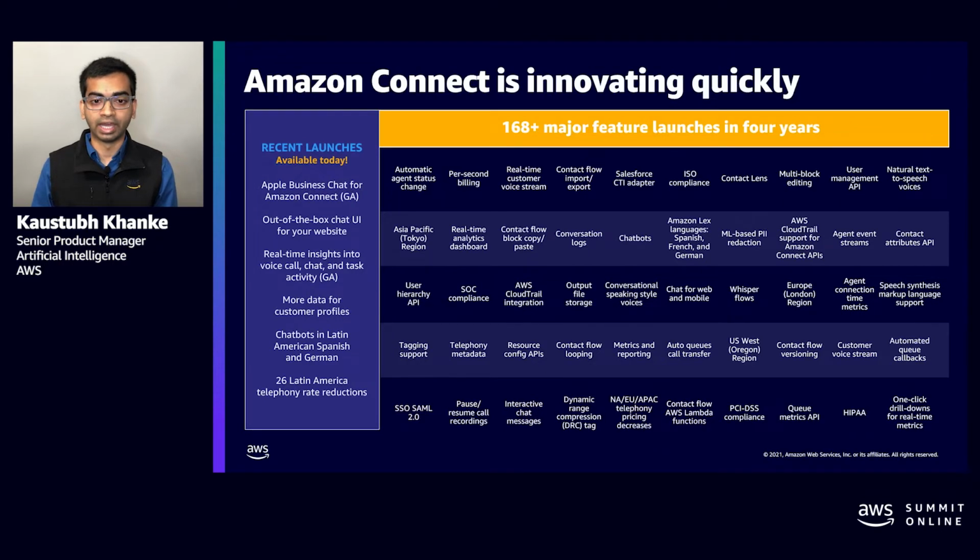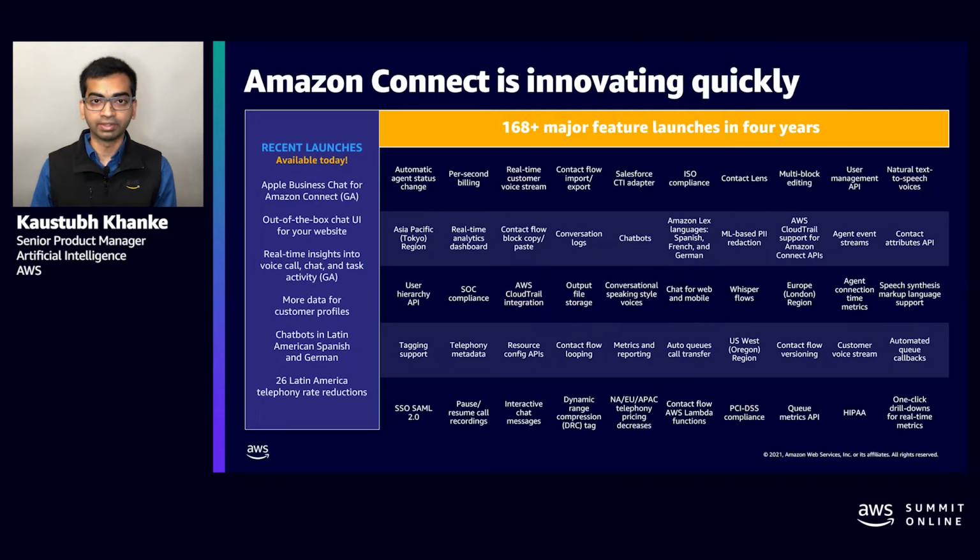As you can see, Amazon Connect is innovating quickly with over 168 major feature launches since we got started in 2017. This past re:Invent, we launched 5 new capabilities in Amazon Connect: Wisdom, Voice ID, Contact Lens Real-Time, Tasks, and Customer Profiles to help you and your agents get more productive.